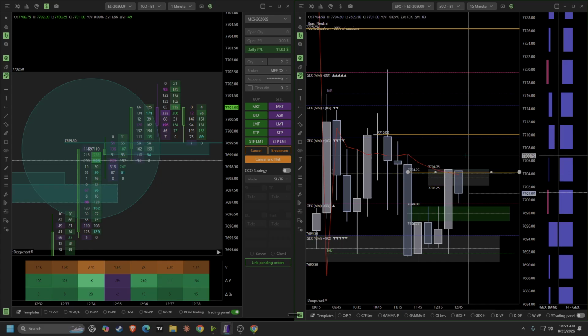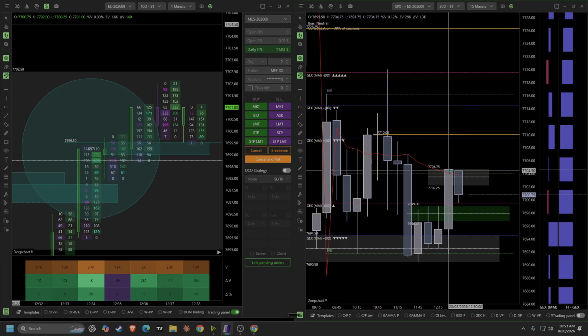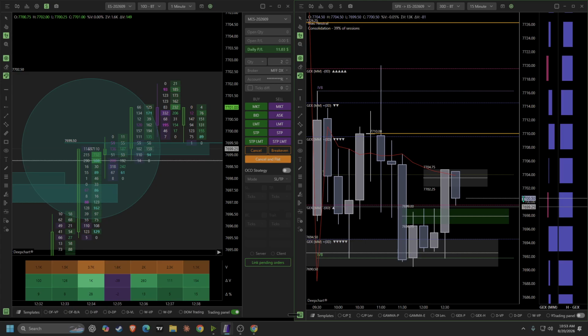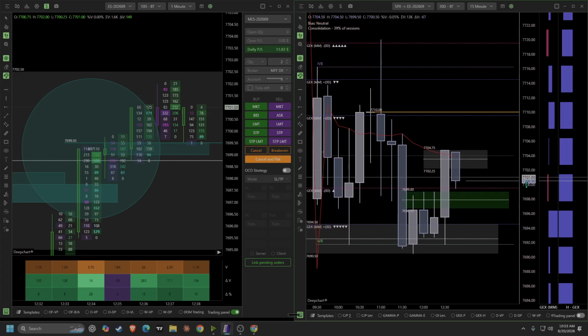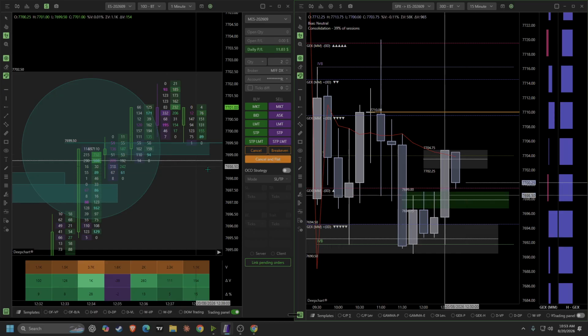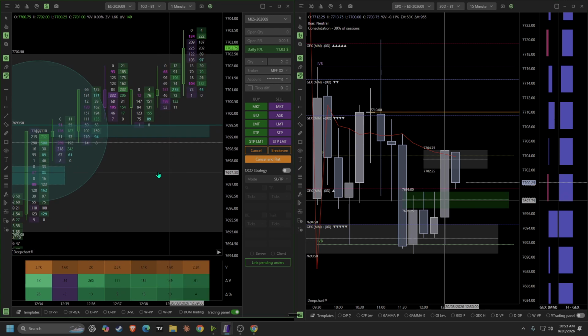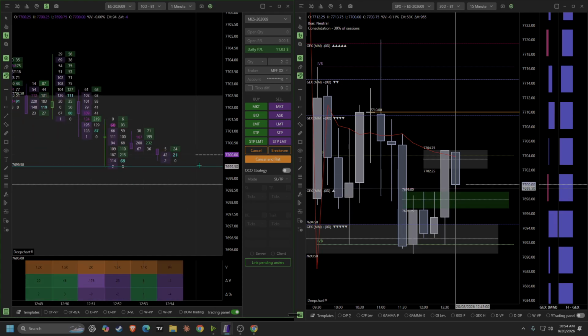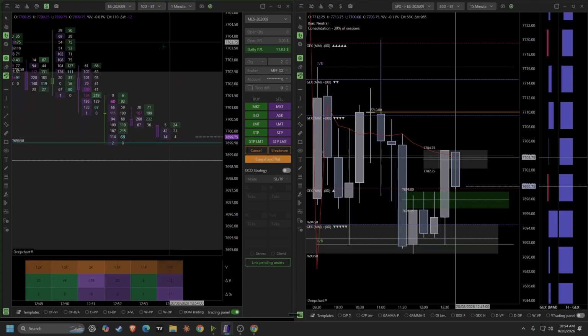Even a little bit lower. And notice how there's no wicks on these 2 candles. All right. So this might be another buy opportunity down here when we return to this level, which we already have, right? Let's see if we break through this level.